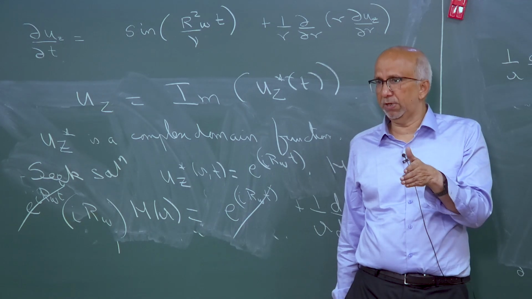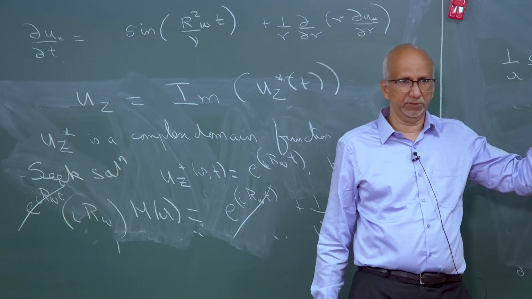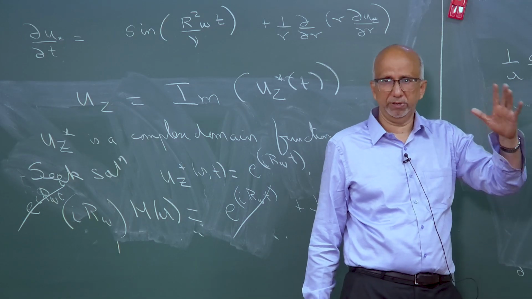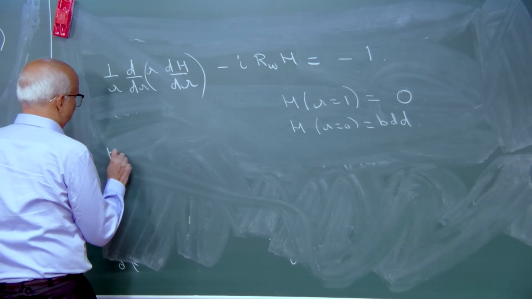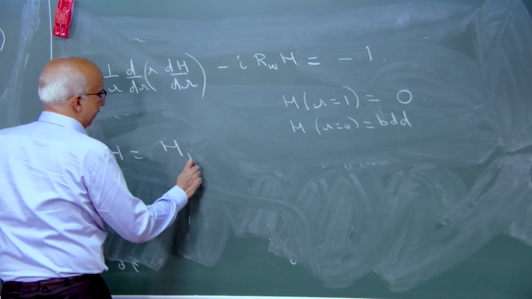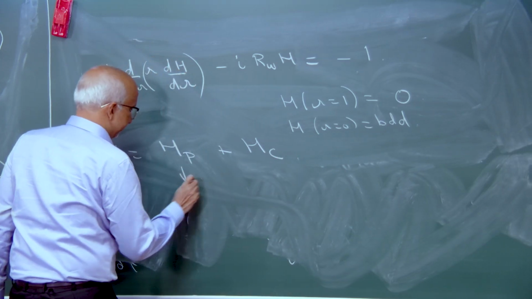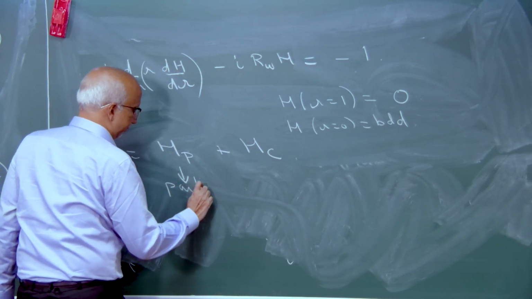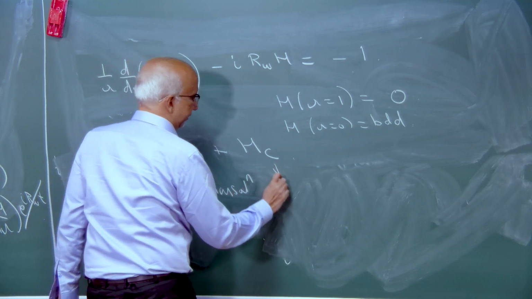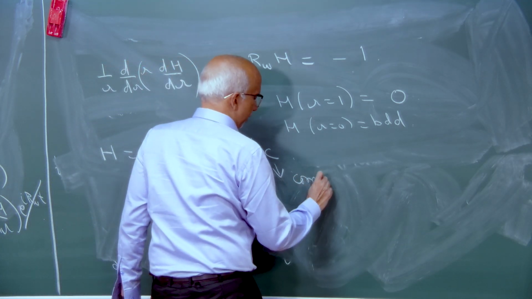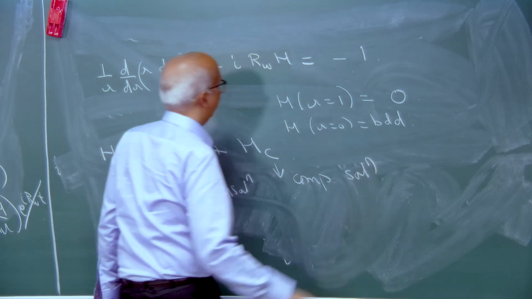The complementary function will satisfy the homogeneous equation and the particular solution will satisfy the differential equation, what you have done in your math course earlier. So, the solution H is H_P plus H complementary. This is the particular solution and this is the complementary solution or complementary function, whatever they call it.